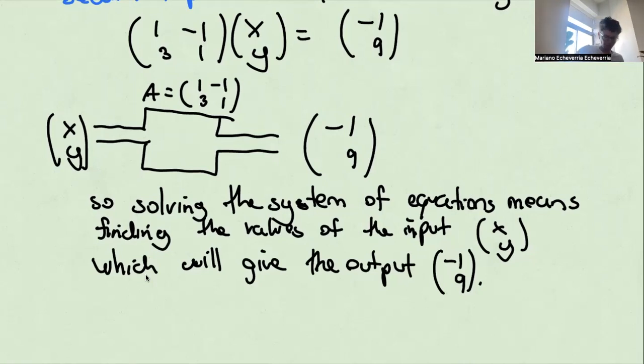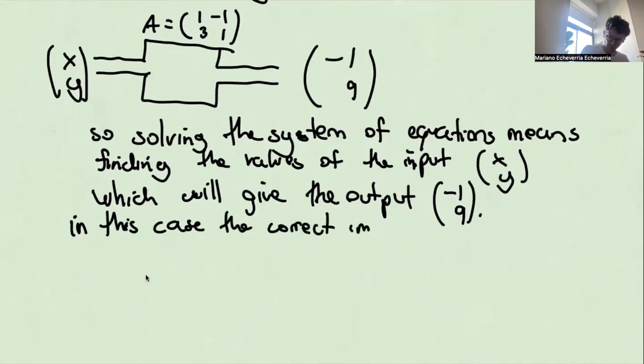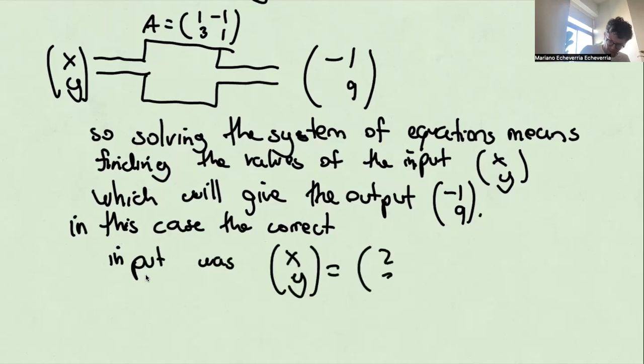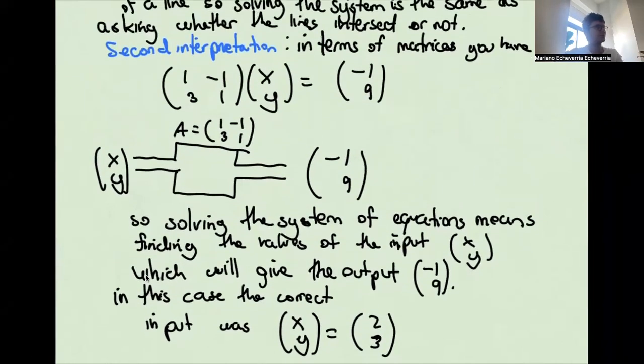So x had to be 2 and y had to be 3 in this case. The correct input was (x, y) equals (2, 3). Okay, so far so good. Any questions about this up to this point?